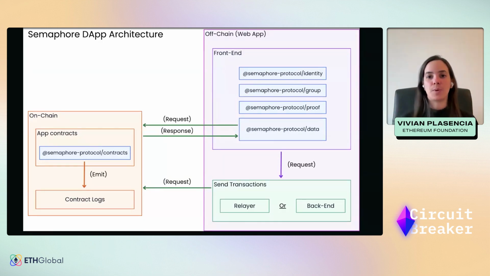So we will need all these packages in the front end to have a Semaphore application. And then we will also need a relayer or a backend. You can create your own relayer, a backend, to send transactions so that we can preserve the anonymity of the user.